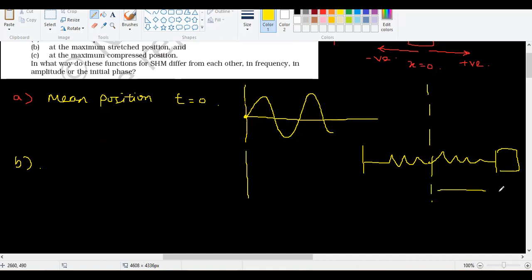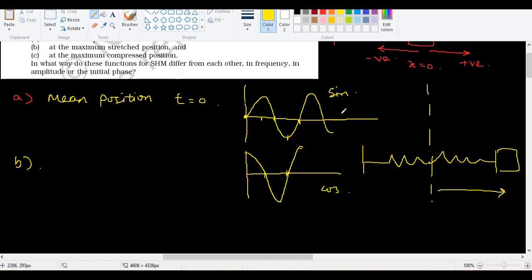So it is in positive displacement, which means you should start the curve something like this. This is maximum, this is 0. This is 0, this will be maximum. This is maximum, this will be coming to 0. This is 0, this will be maximum. Okay, so this will be cos. This will be sine. This will be cos.